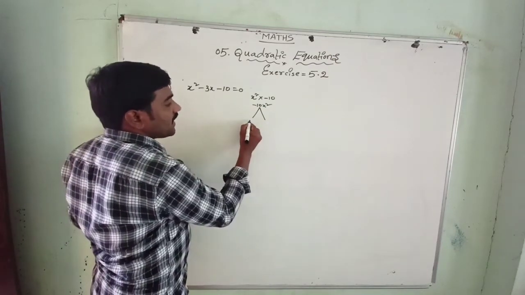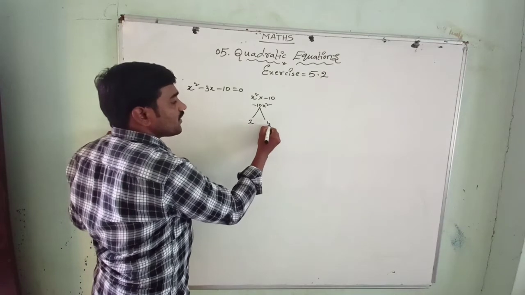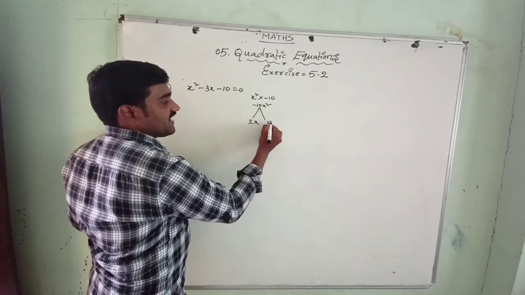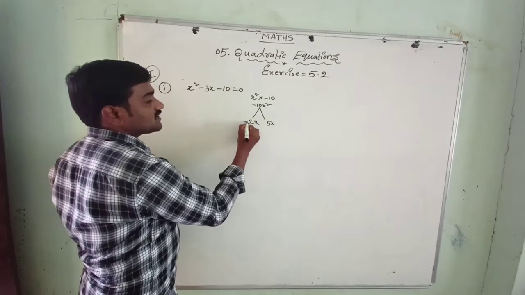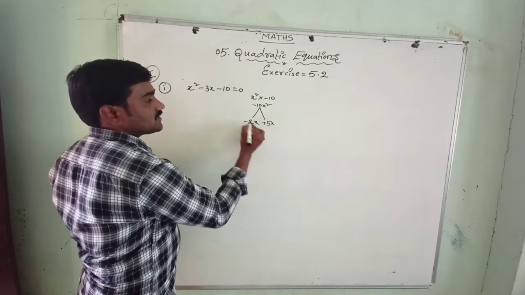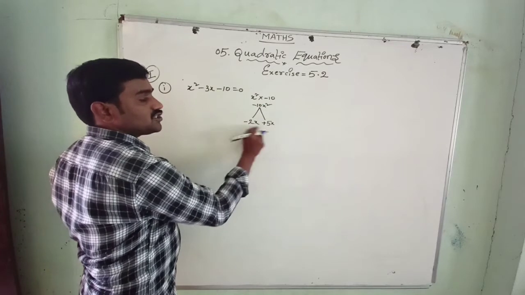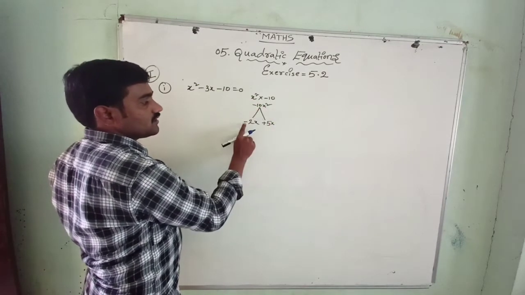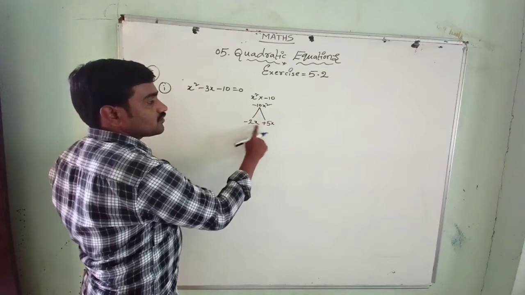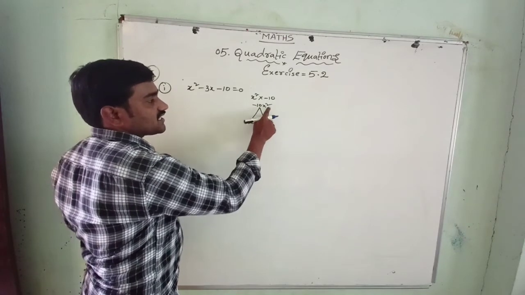So it can be done as 2 fives are 10, x into x square. And let us put a minus here, suppose, minus into plus is minus. See, when you multiply these two terms, we get exactly minus 10 x square.